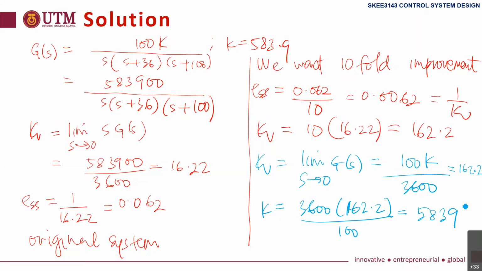Therefore, if I rewrite G(s) with the new K, it becomes 5839 multiplied by 100, 0, divided by s(s plus 36)(s plus 100). Right, this is based on this, with the new K, K 5839.